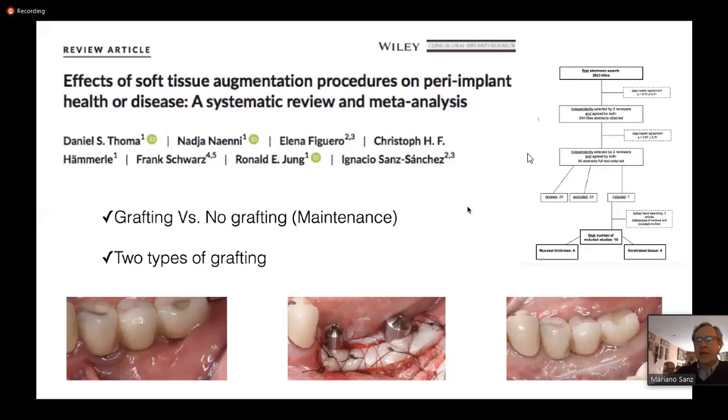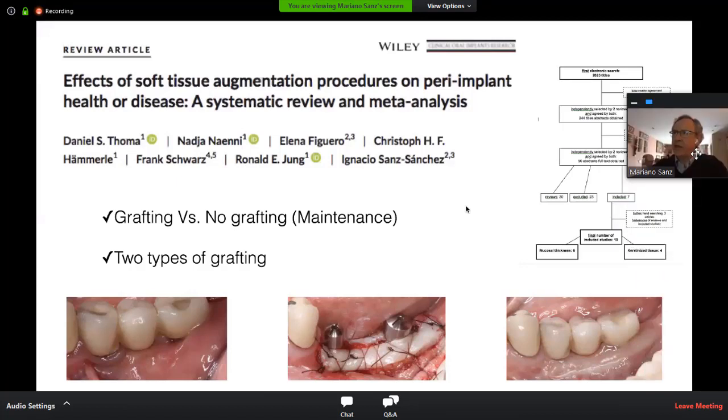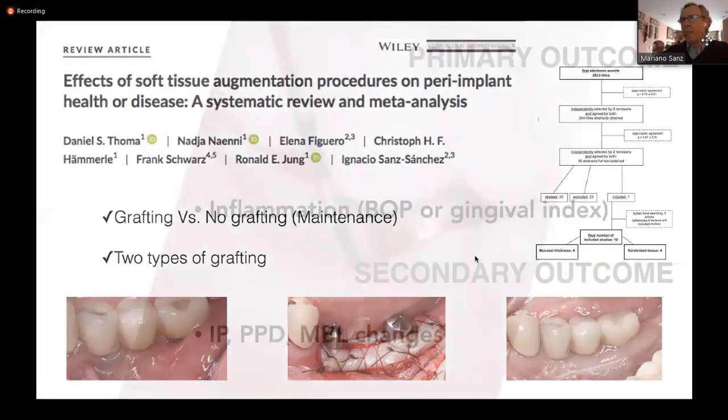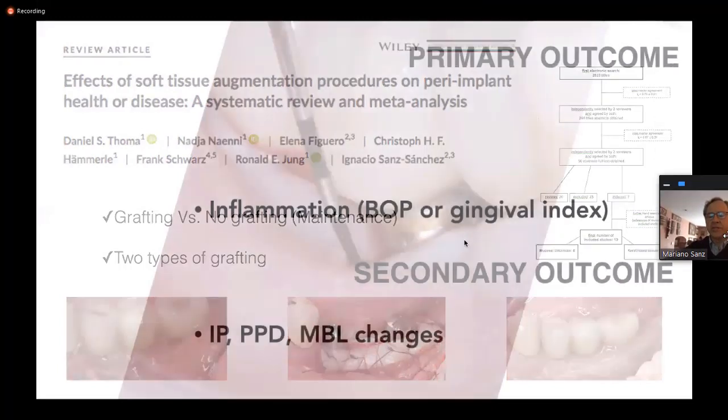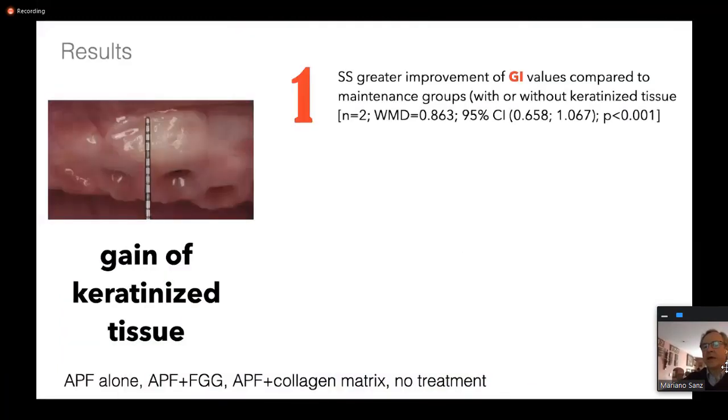So basically, we tried to evaluate all the studies where in situations of deficient keratinized mucosa, grafting has been compared with no grafting. And clearly, if we look at the primary outcome, which is inflammation, we readily see that there is a significantly greater improvement of GI values when we place a graft.